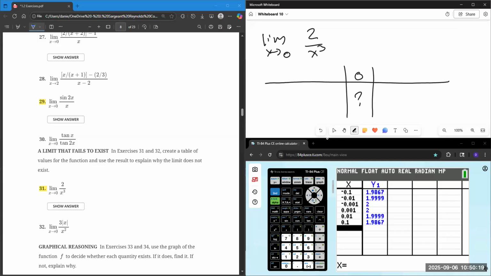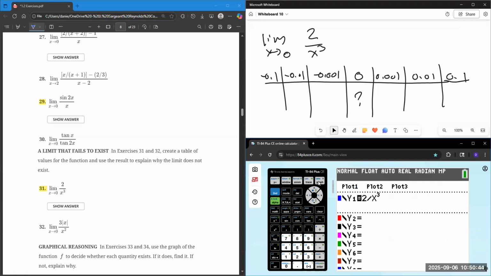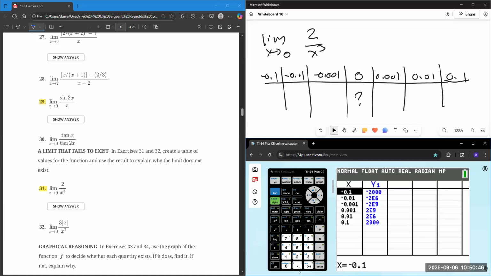So 0, negative 1,000, negative 100, negative 1/10, 1,000, 100, 1/10. All right. 2 divided by x to the 3rd power.